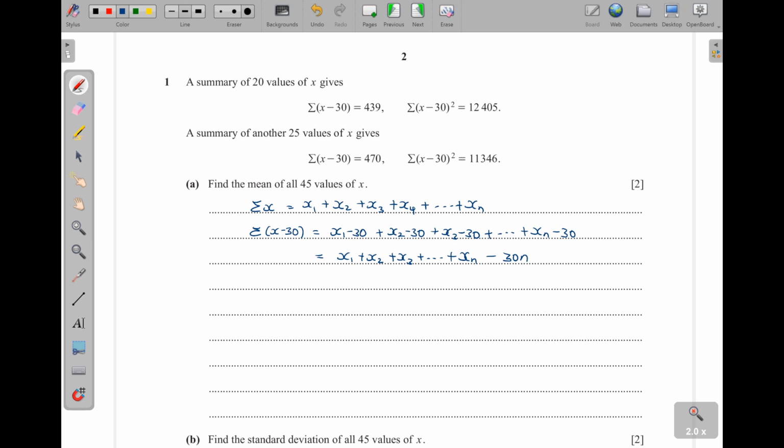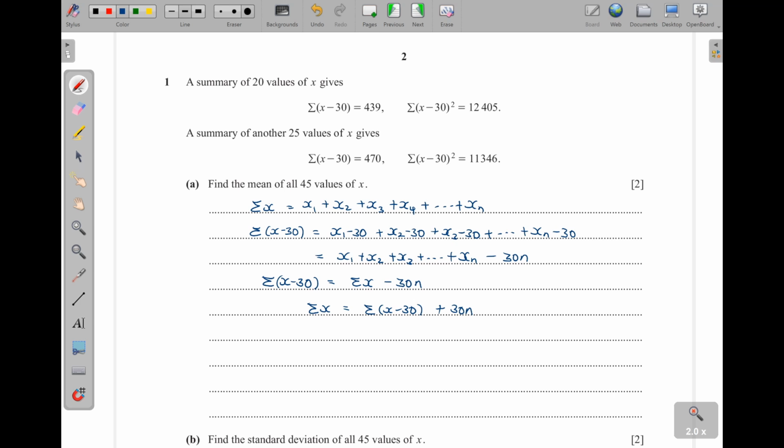So summation of x minus 30 is going to be equal to summation of x minus 30n. You see that? So our summation of x is going to be equal to the summation of x minus 30, if I make this the subject, plus 30n.